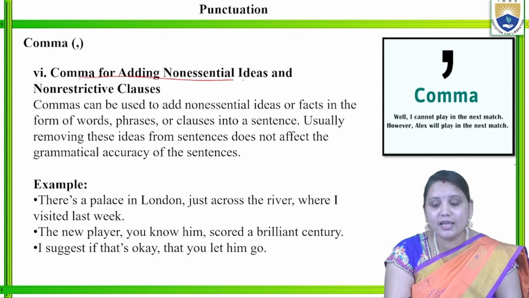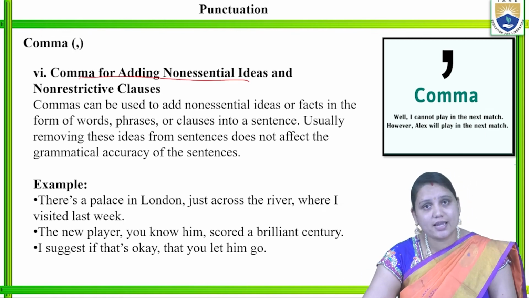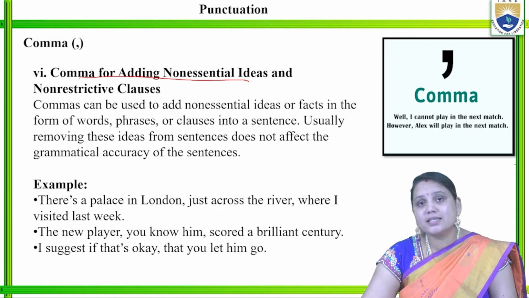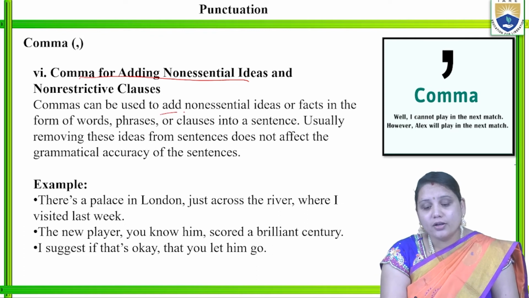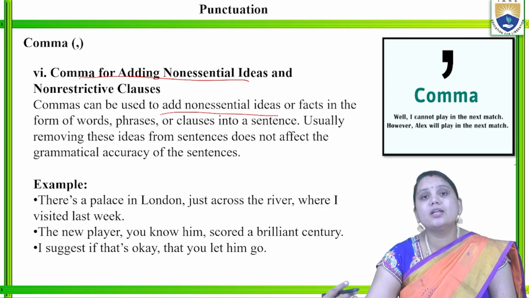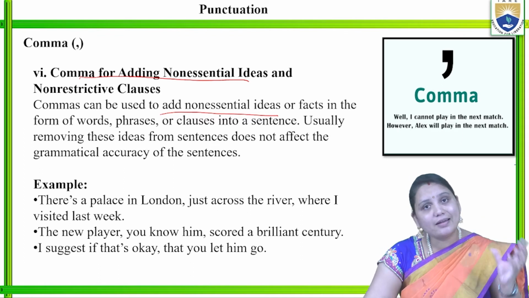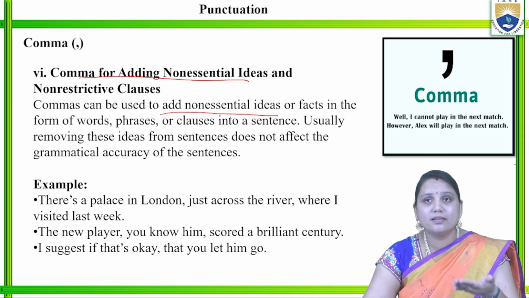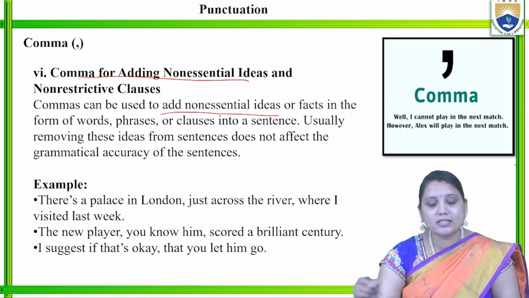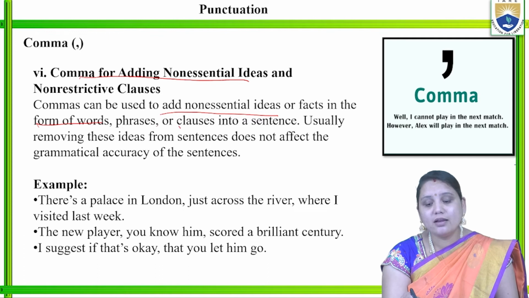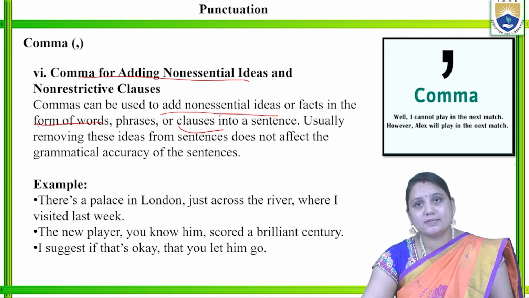Comma for adding non-essential ideas and non-restrictive clauses. Now let us see what it is. Commas can be used to add non-essential ideas. The ideas which are not essential can be added with commas in sentences, or facts in the form of words, phrases and clauses into a sentence.